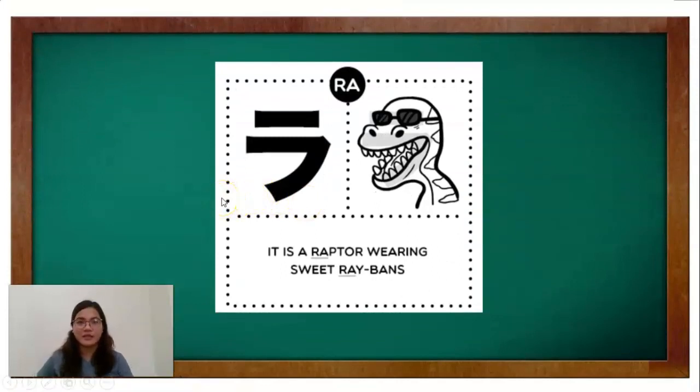Now let's proceed to the next row. Ra. Think that it is a raptor wearing sweet Ray-Bans. So Ra as in raptor or Ra as in Ray.